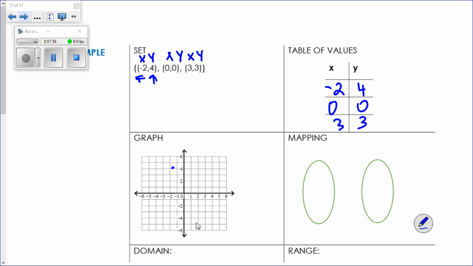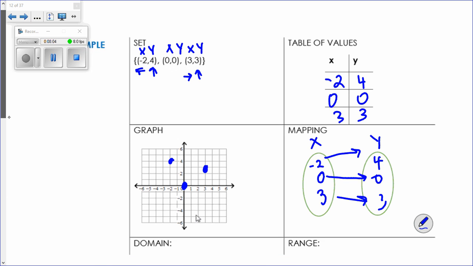I go 0, 0, right at the origin, and then right 3, up 3. And I'm done. Now, if I'm going to map this, I can write all my x values: -2, 0, 3 maps to 4, 0 maps to 0, and 3 maps to 3.